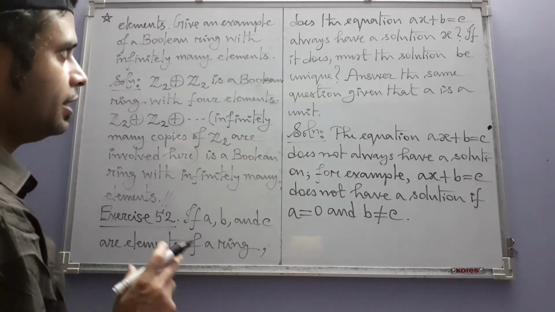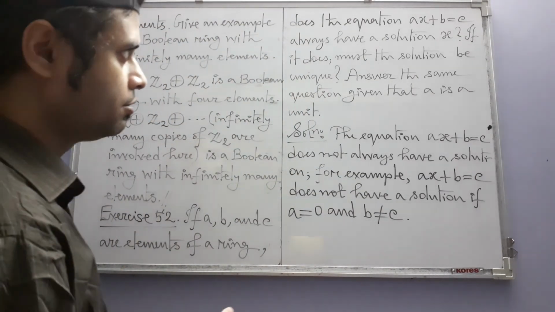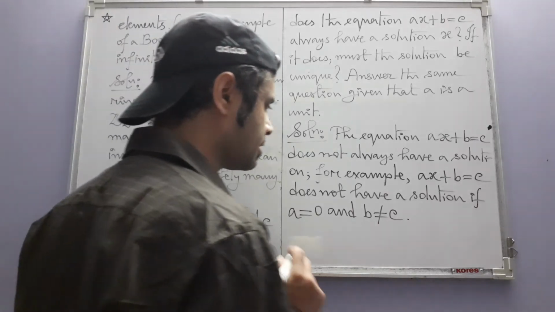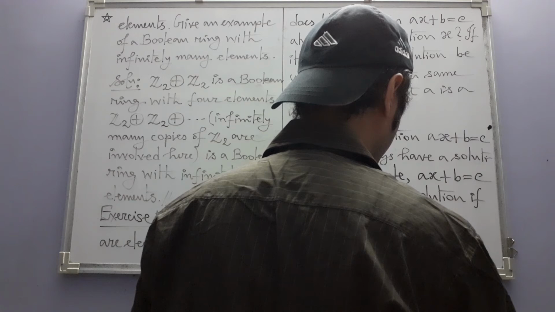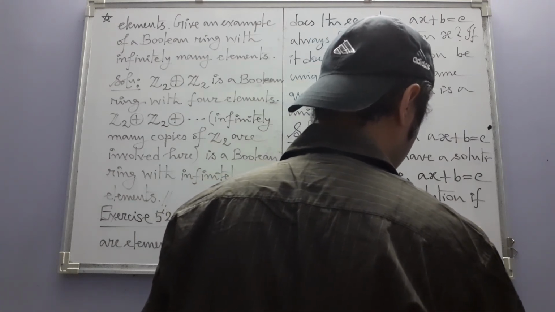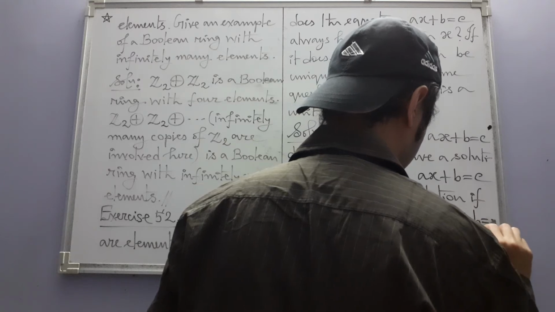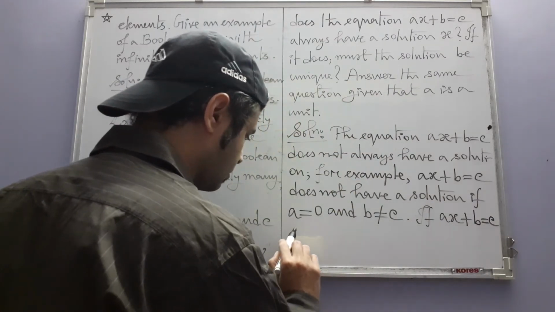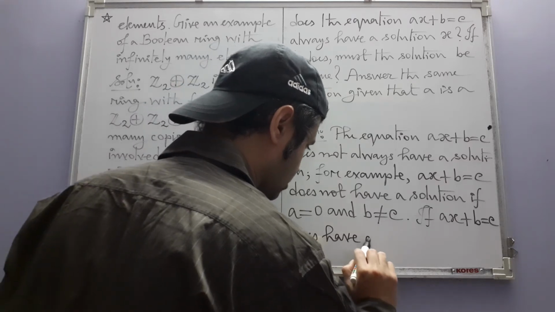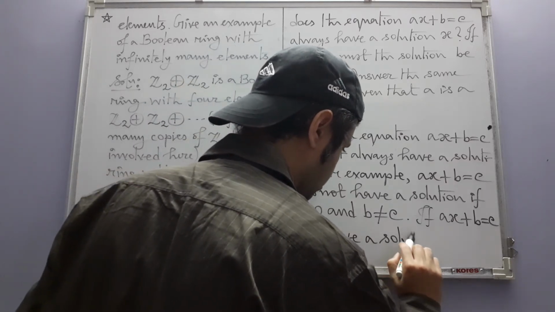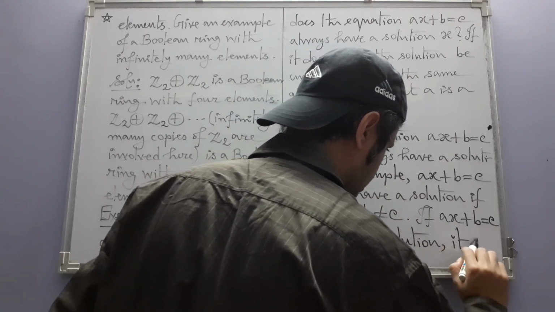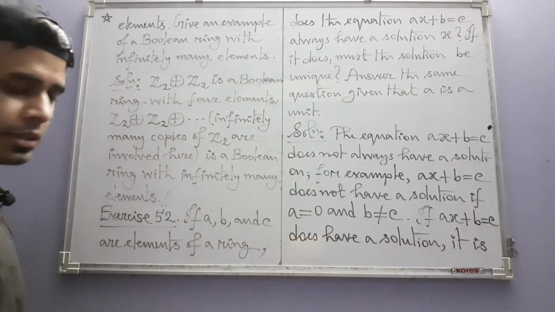And then even when there is a solution, will that be unique? That is also not the case. Uniqueness is not guaranteed. If ax plus b equal to c does have a solution, it is not necessarily unique.